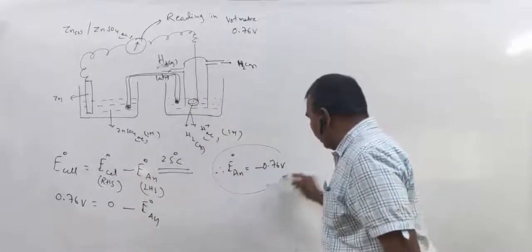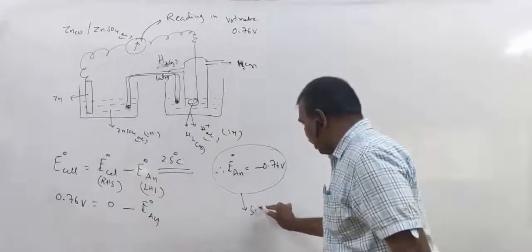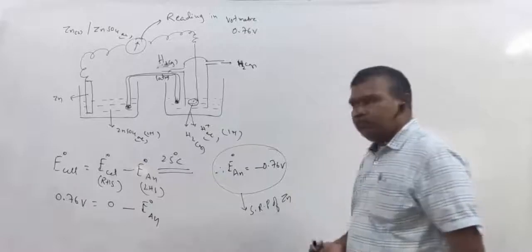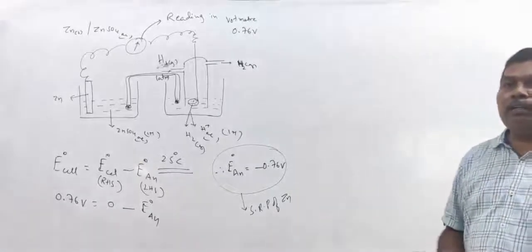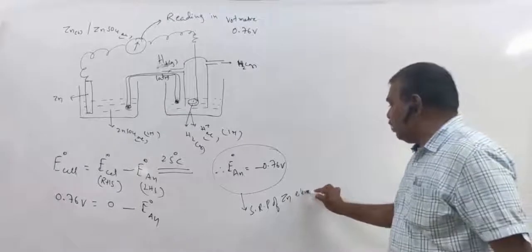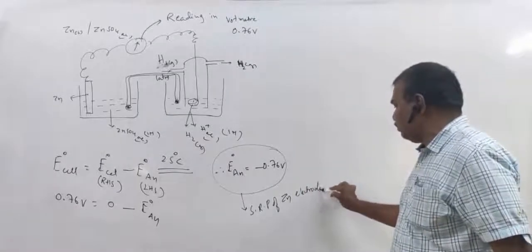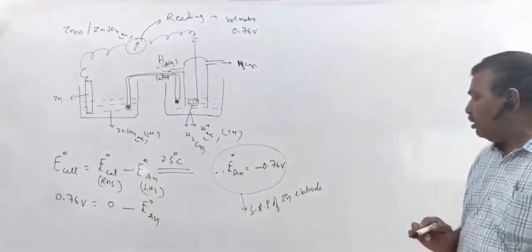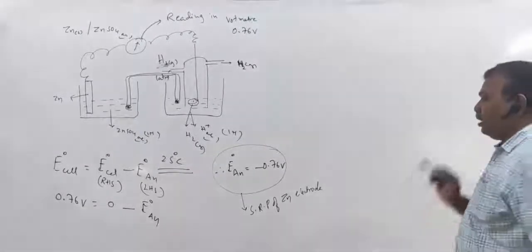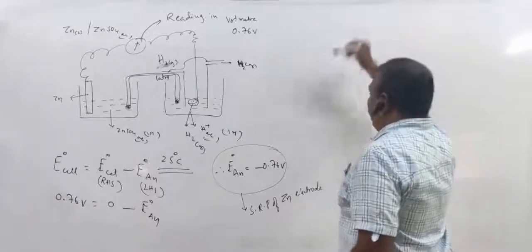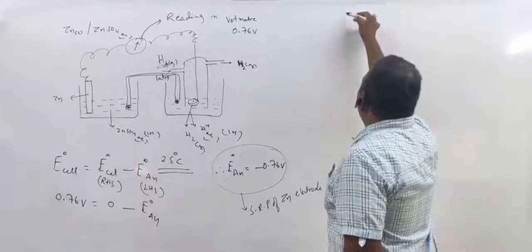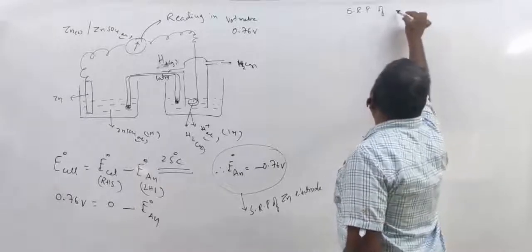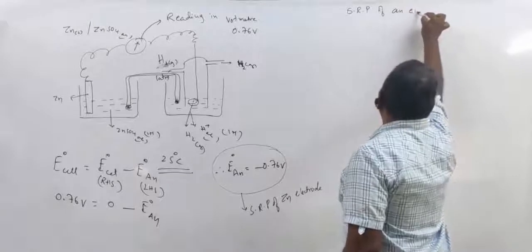So this is nothing but the SRP of zinc, the standard reduction potential of the zinc half cell or zinc electrode. Okay, right. See how to represent the standard reduction potential of an electrode.